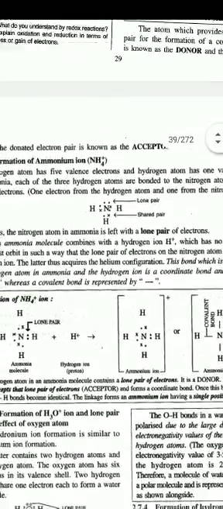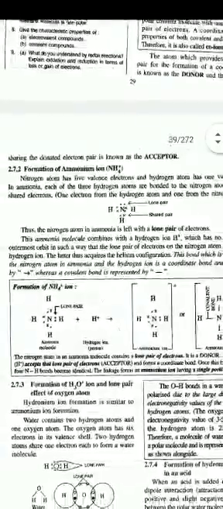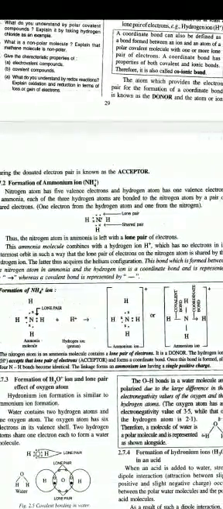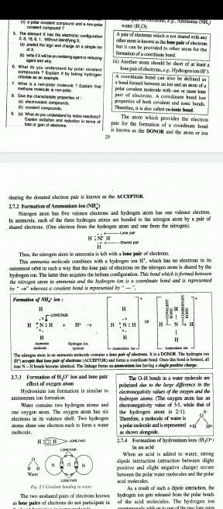Children, the nitrogen atom in ammonia has a lone pair of electrons. This ammonia molecule combines with another hydrogen, H+, which has no electron in its outermost shell, in such a way that the nitrogen atom shares both electrons of the pair and forms a bond, giving the ammonium ion NH4+.